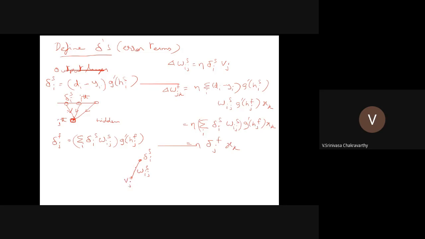Now the update of this weight is nothing but the product of this and this. Similarly, if you take the first stage weights wjk f, we have this new thing called delta j f available at this end of the weight, and the input here is xk. The update for this is the product of these two. Which is what we have done here, which is what we have done here.